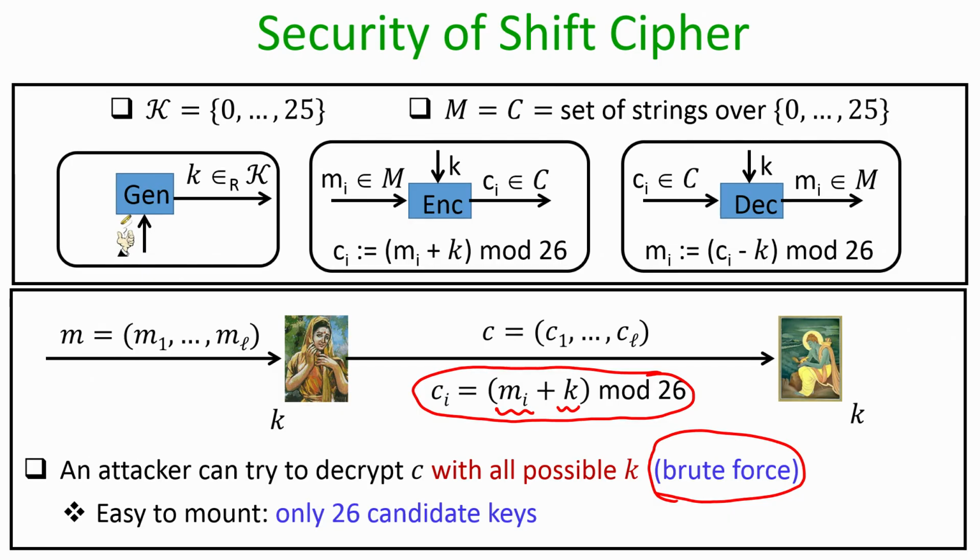And this attack is very easy to launch, because here the adversary has to do the computation, namely the decryption of the ciphertext, with only 26 candidate keys, which is very easy to perform. Consequently, we can say that shift cipher can be very easily broken by just doing a brute force attack.